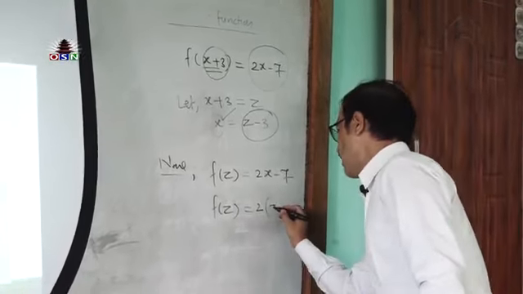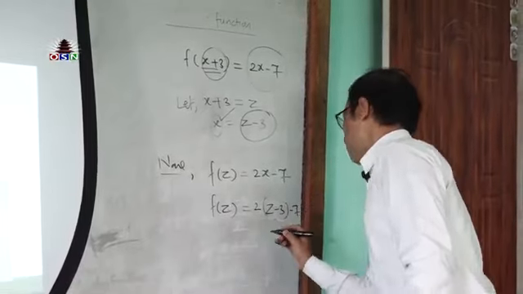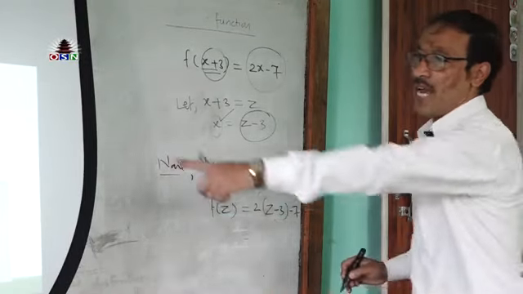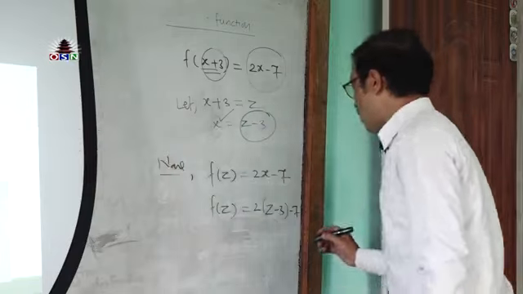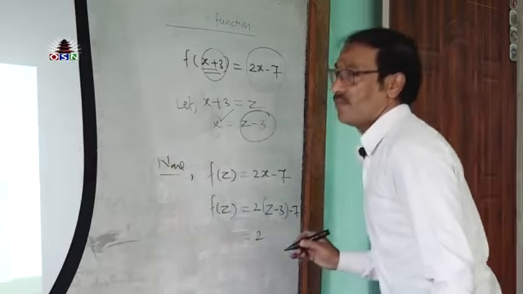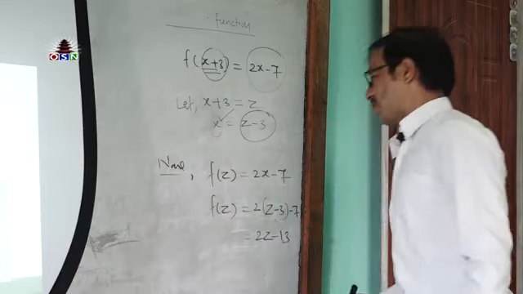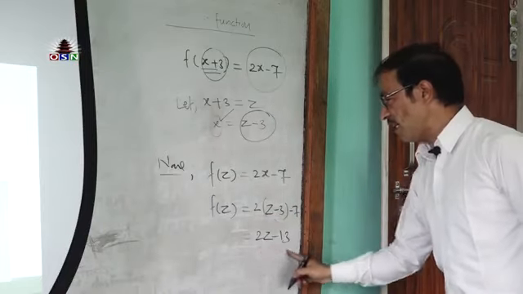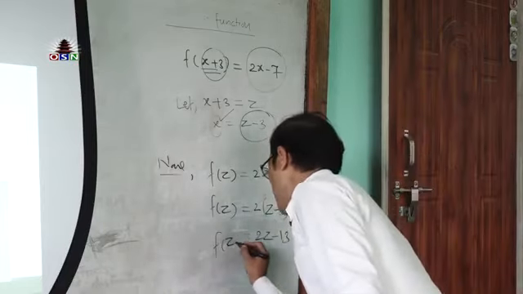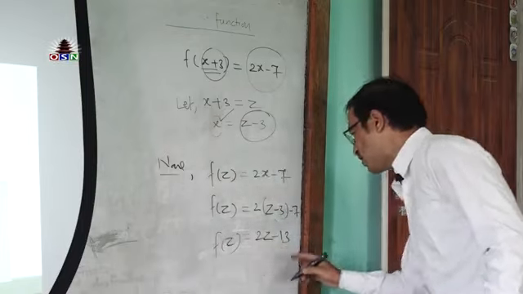So where is x? You can write z minus 3 minus 7. After simplification we have got 2z minus 13. When we simplify this one, finally f(z) equals 2z minus 13.